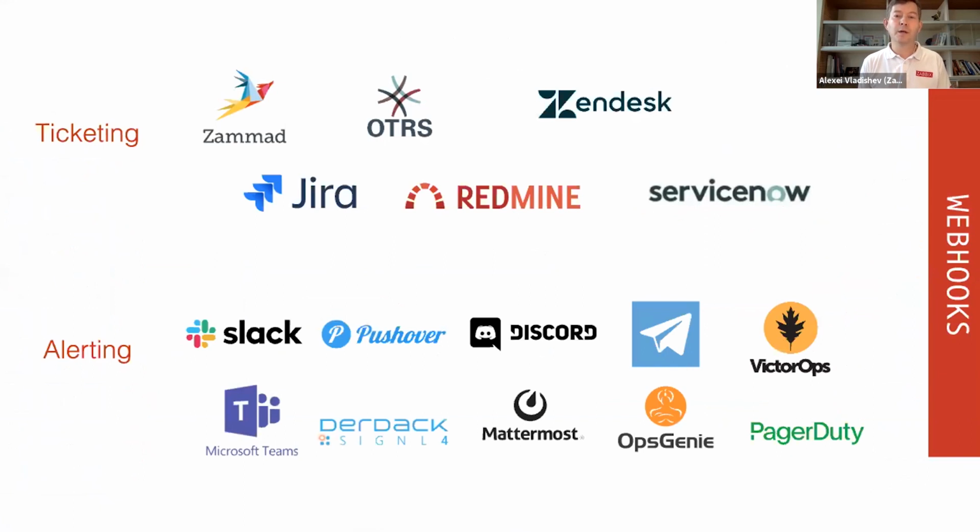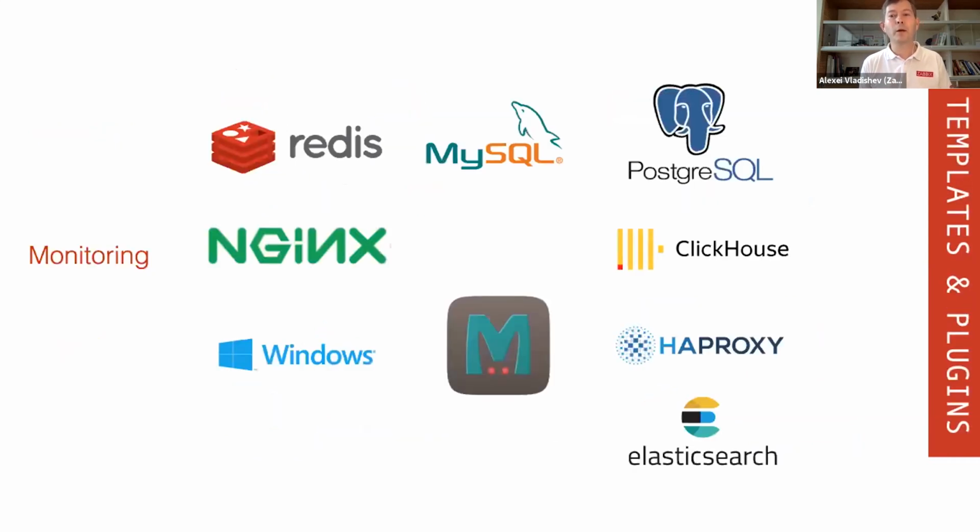Alerting as well. If you install Zabbix, it supports out-of-the-box integration with many different alerting systems like Microsoft Teams, different services like VictorOps, PagerDuty, OpsGenie, and Discord, Slack, Pushover, and so on and so forth. It all comes out of the box thanks to support of webhooks, which we introduced in Zabbix 4.2, I think.